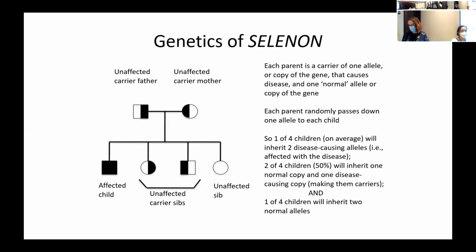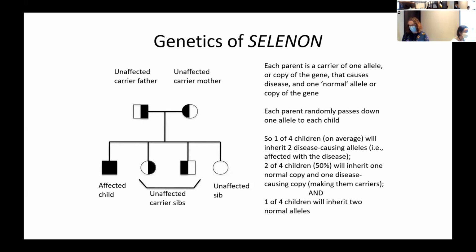So if you take an average base case, out of 4 children, you would predict about 1/4 of the children to inherit both the disease-causing copies, and that child would be affected with SELENON disease.